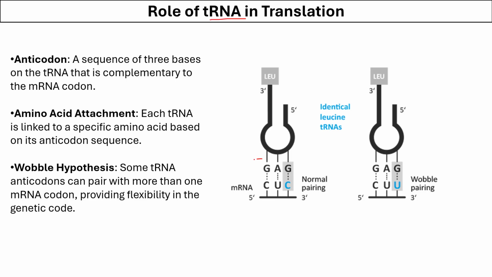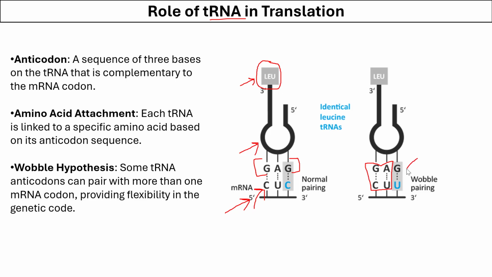So tRNA has the anticodon site, which recognizes specific codons of mRNA. It also has amino acids attached to the other side, and a specific amino acid has a specific anticodon which recognizes a specific codon of the mRNA. The Wobble hypothesis says that the first two nucleotides of a codon-anticodon pairing are more important.